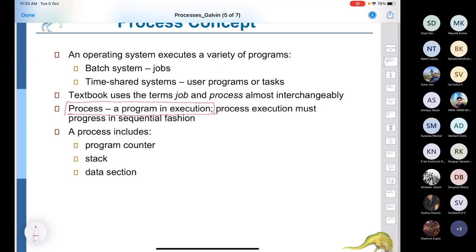Operating system usually executes a variety of programs in a batch system, where one job finishes and the other job starts. So this is kind of the old technique, say 1950s, I should say, 1960s.